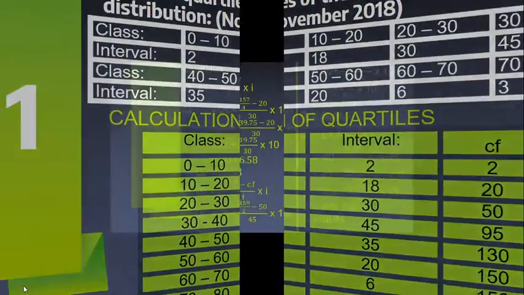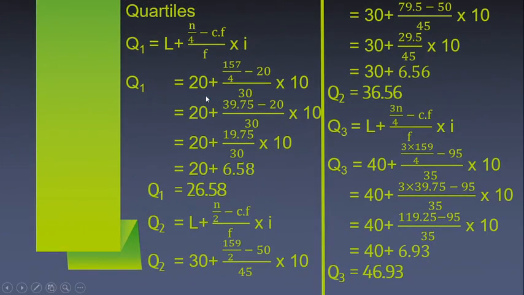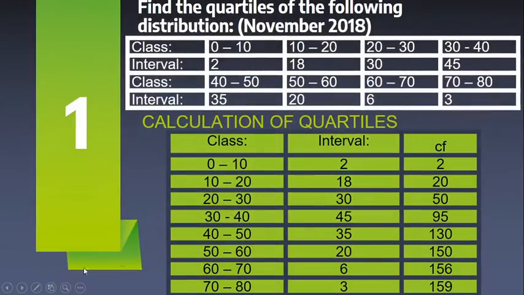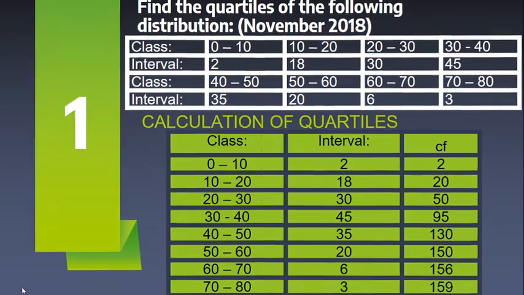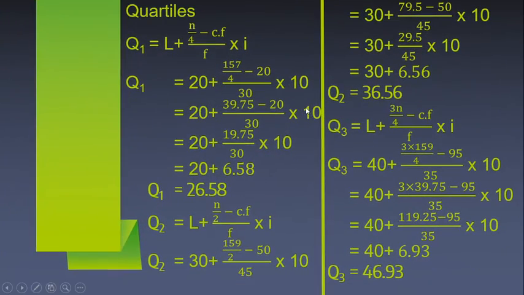Going to the formula, L plus N by 2 minus CF, 20 by 30 into the class size. The class size is 10, so I is 10. Here we are going to solve it.